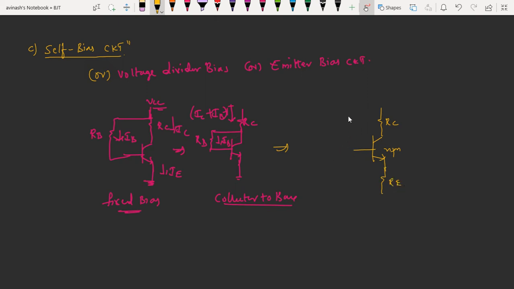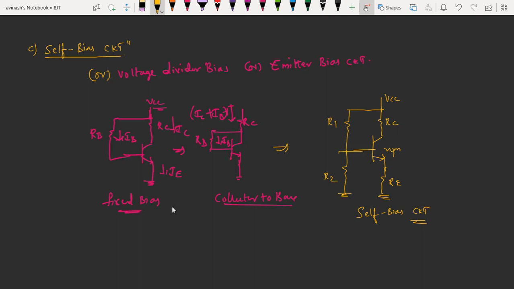Then a resistance branch is connected in this way to the collector. Let us take these as R1 and R2, connected to a common ground. This and this will be called common here. So this is the self bias circuit.